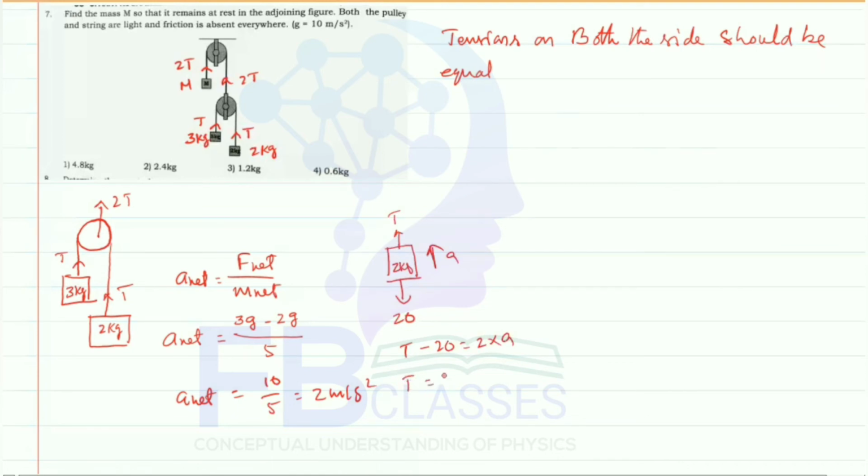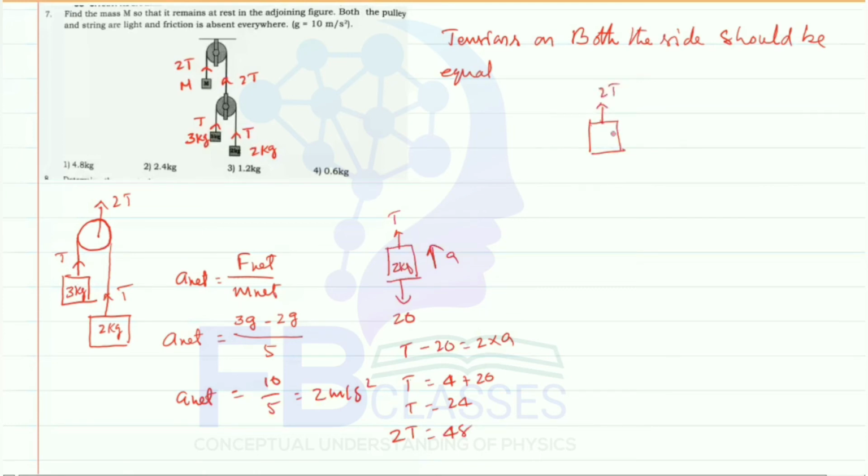Now T is equal to 2 into a, a came as 2, so 2 into 2 is 4, plus 20. So T becomes 24 Newton. So if T is equal to 24 Newton, then 2T is equal to how much, my dear, for the capital M block side? So 2T becomes 24 into 2, that is 48 Newton. So 48 Newton for the capital M block side.